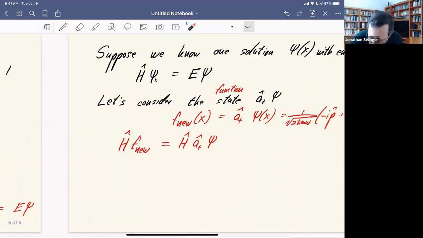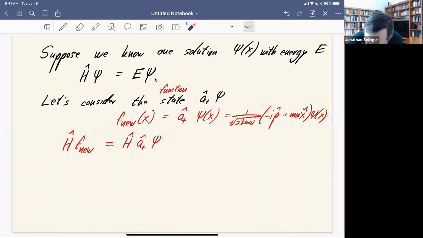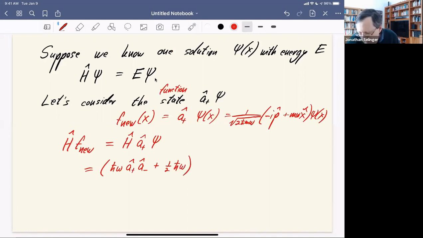So this is equal to h bar omega a plus a minus plus a half h bar omega, acting on a plus psi.